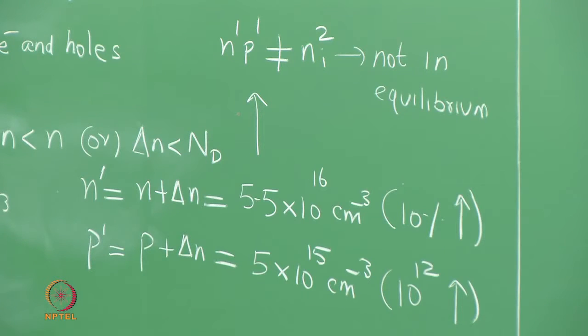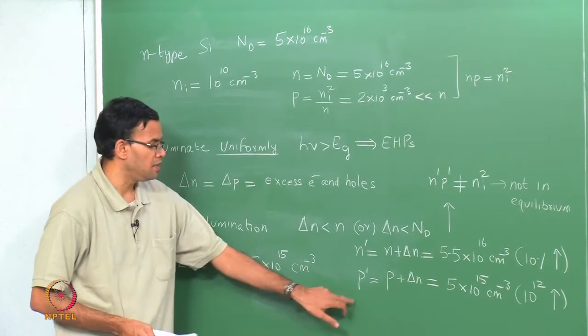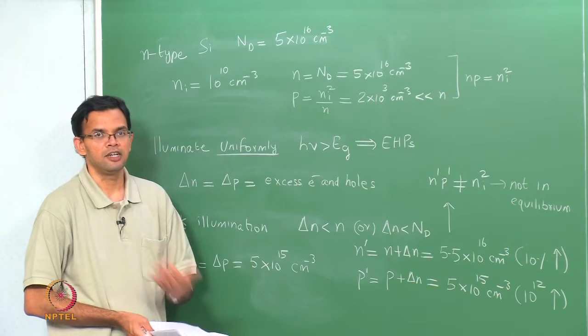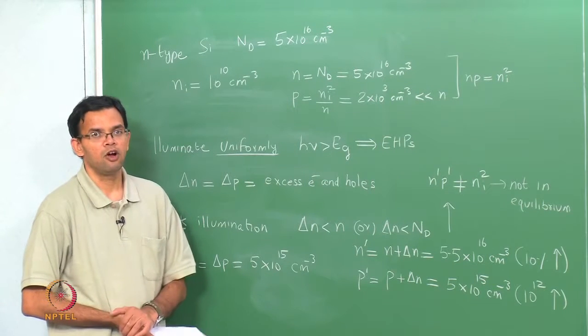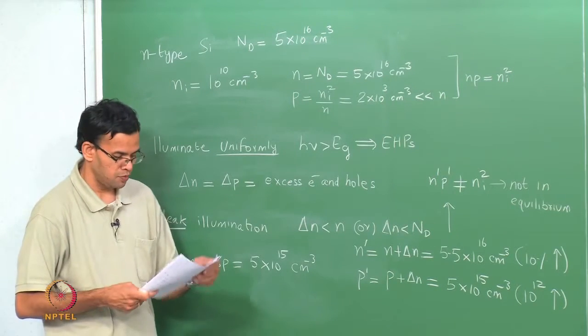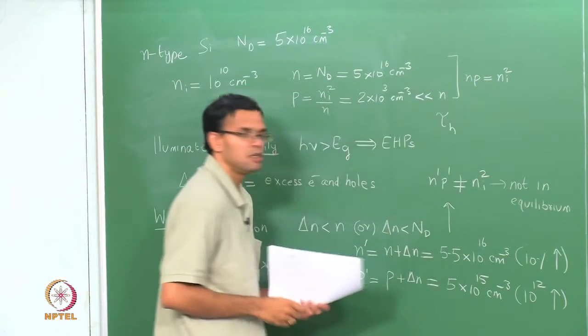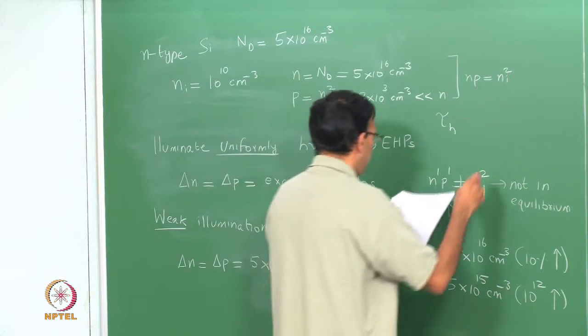So, now when I turn off my light, all these excess carriers have to start to recombine. So, the real increase in concentration is in that of the holes. So, this recombination is driven by the lifetime of the holes. It is driven by a quantity which we call tau h, which is the minority carrier lifetime.